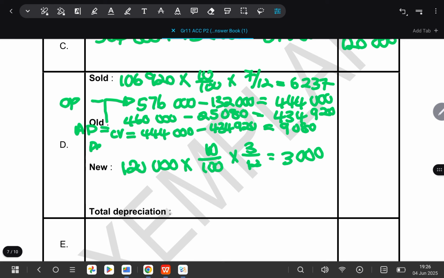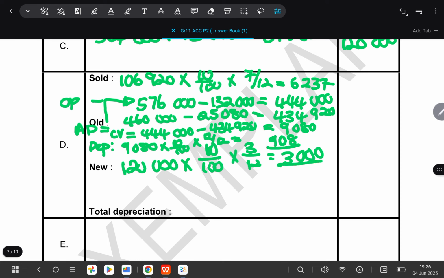So therefore our depreciation will be 9,080 multiplied by 10 over 100 and then multiplied by 12 over 12. Let's see, 9,080 multiplied by 10% gives us 908. So this is our depreciation.